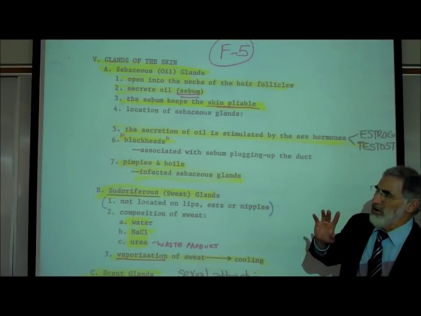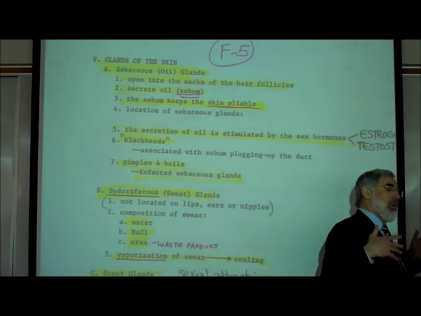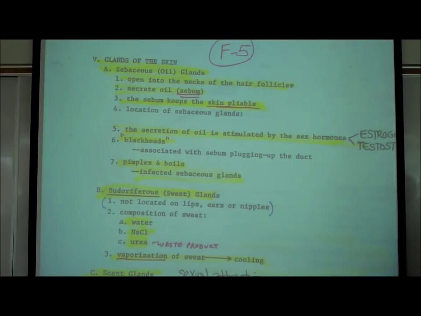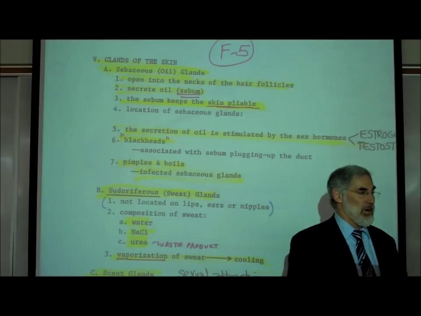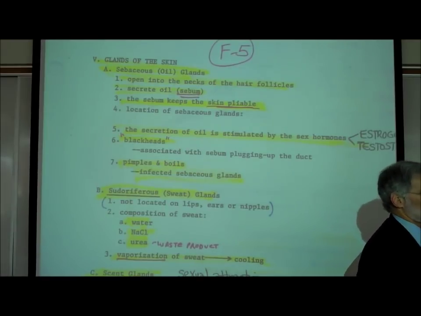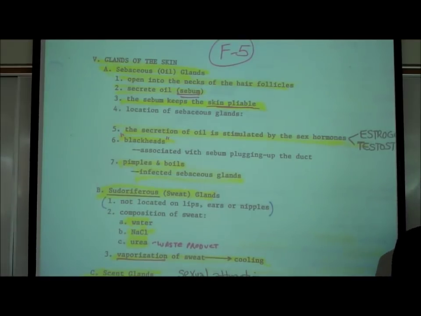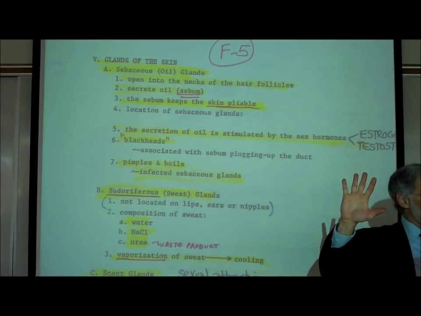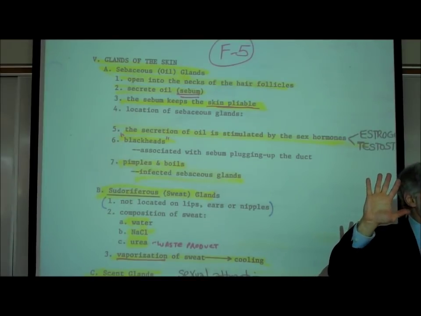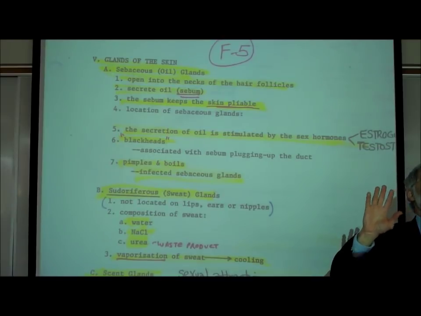Let's think about this for a moment. We have hair almost on every part of our body. We don't have a lot of hair everywhere, but we have some hair almost everywhere in our body, except two places. There are two places where nobody has hair. The palms of your hands. Nobody's got hair on the palms of your hands unless you're a hobbit. Okay? And the soles of your feet.